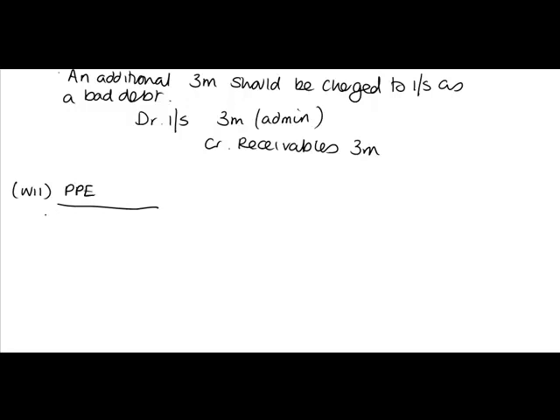We've got something to do with PPE. The cost is 12 million. It was being depreciated over 10 years, and it was revalued 1 year later. So the cost was on the 1st of the 5th X3. We would charge depreciation. 1 year's depreciation is 1.2, which takes us down to a figure of 10.8 at the 30th of the 4th X4.